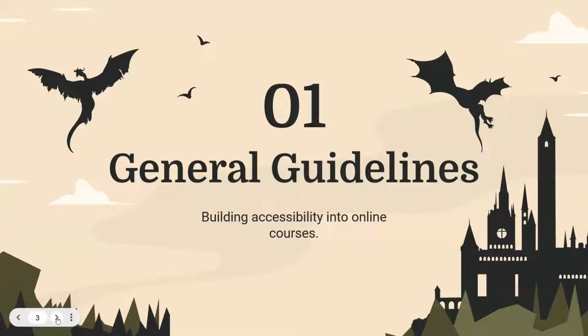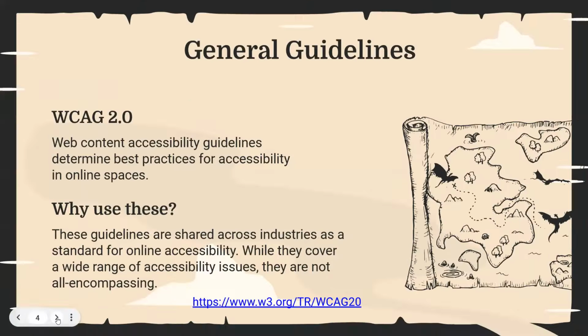So, the general guidelines when building courses and thinking about accessibility. First of all, what are the guidelines and where did they come from? The WCAG 2.0, the Web Content Accessibility Guidelines, determine what the best practices of accessibility are for online spaces. Why do we use these?